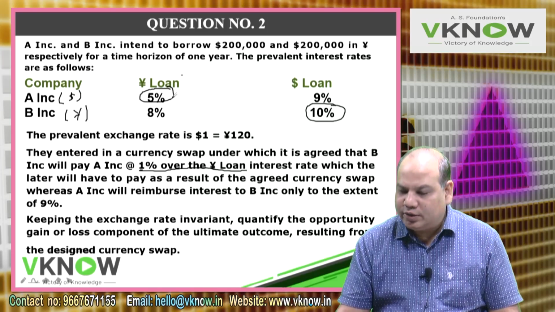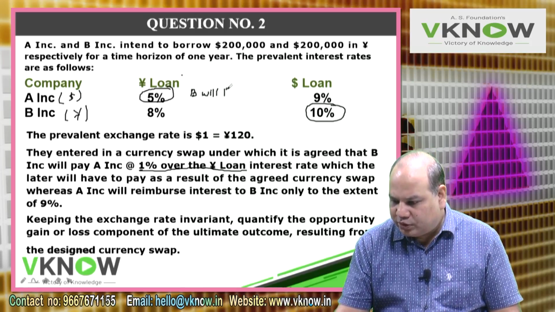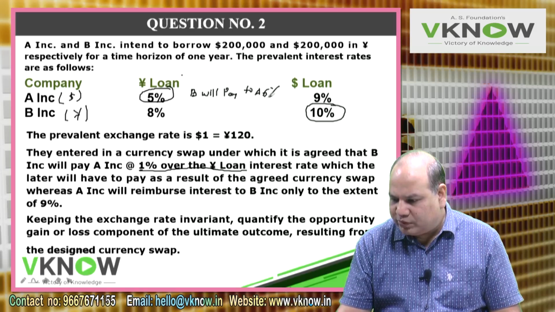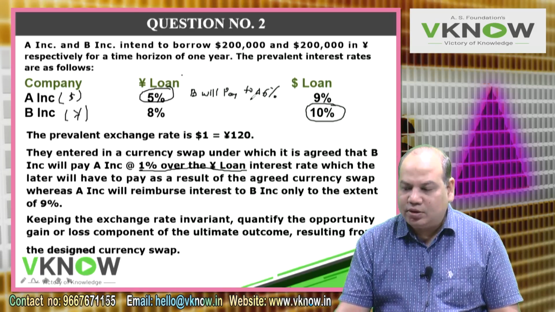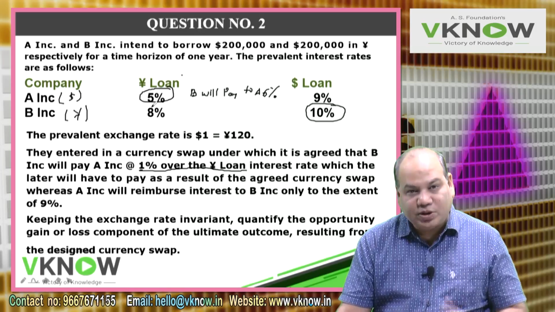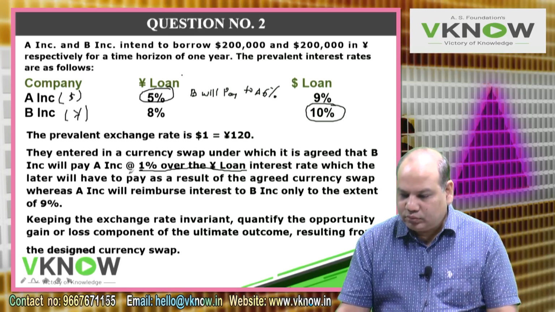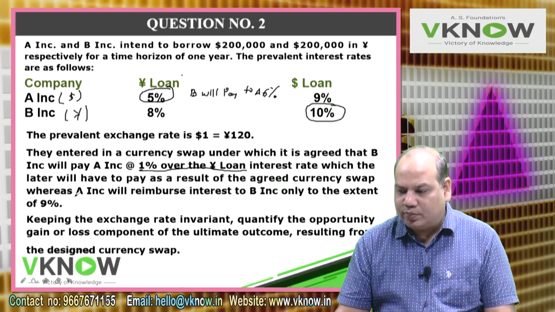And what they have agreed is that A will borrow at 5%, and B will pay to A 6%. B will tell A, look, you borrow at 5%, but I am willing to pay you 6%, 1% more, which the latter will have to pay as a result of the agreed currency swap.